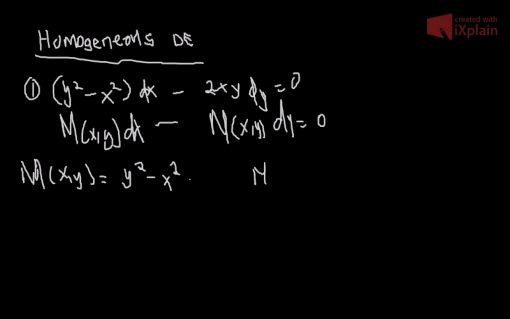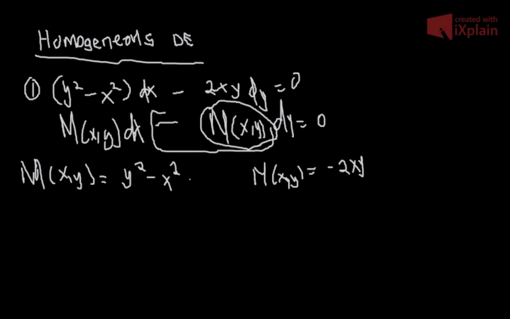Then N(x, y) is negative 2xy. There are people who make very big mistakes when they have to talk about N(x, y). They forget that the sign started here, right? So never forget to take the sign with you.